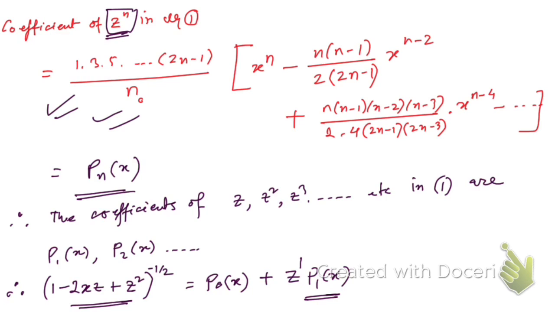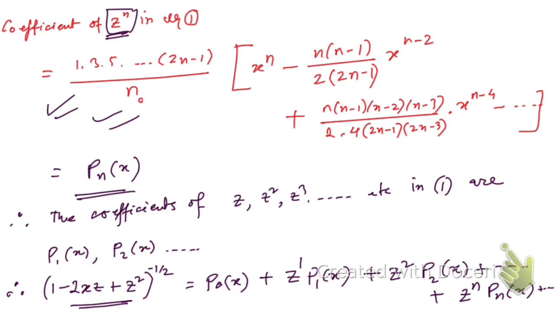So the coefficient of z to the power 1 must be P1 of x. Similarly for z squared, its coefficient should be P2 of x, plus dot dot dot, and so on. Hope you have understood. Similarly the coefficient of z to the power n is Pn of x. So that is what we wanted to prove. So that's why this last term we can write this way.